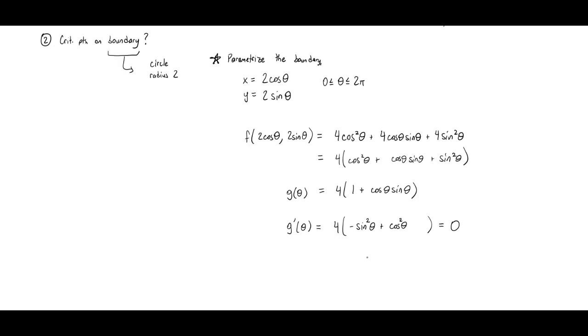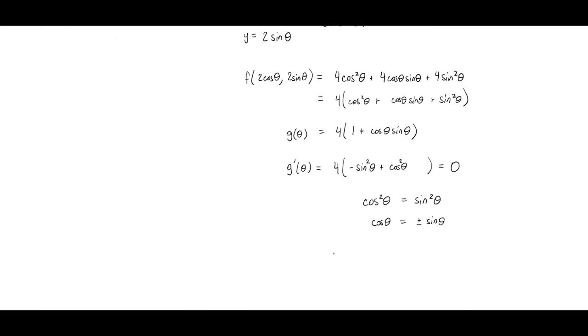If I set it equal to 0, we get cosine squared theta equals sine squared theta. Or in other words, cosine theta equals plus or minus sine theta. So thinking about it, when is cosine equal to sine? That's going to be at pi over 4.